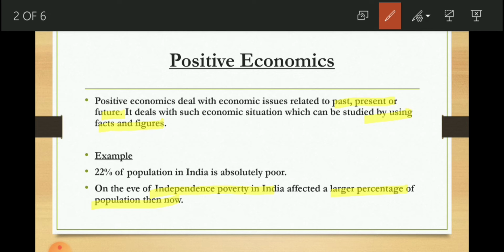So again we are saying a statement about something which had happened or might be happening. We are telling that this economic situation or problem is being seen by the people right now. We are just telling an economic situation. We must have some facts and figures to prove our point, whether what we are saying is true or not.